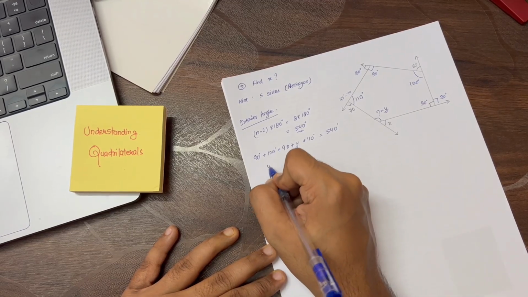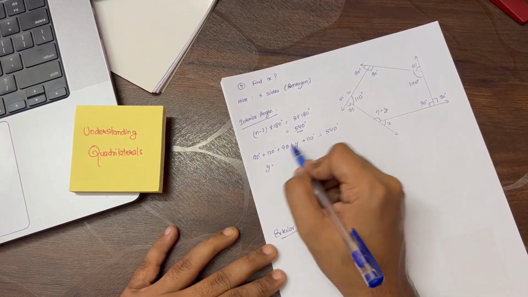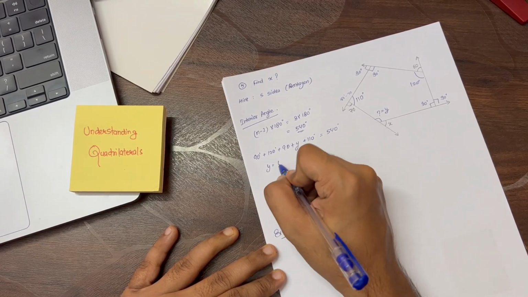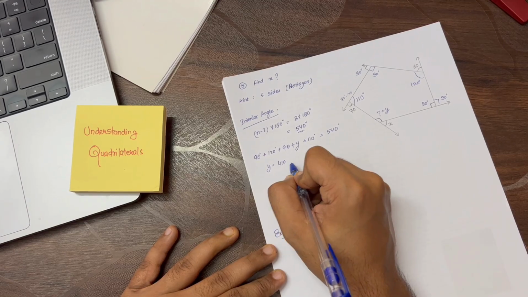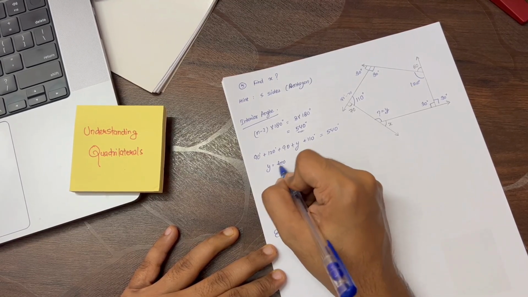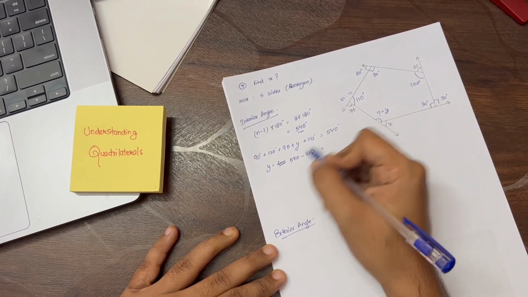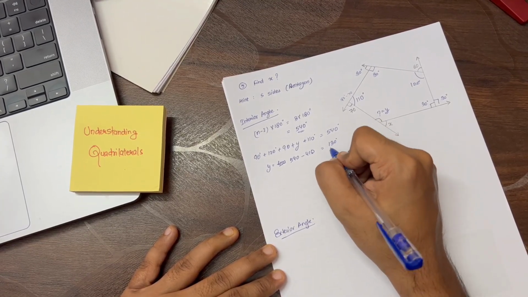Now you can find y. Let's calculate this: 90 plus 120 is 210, 320, and 90 more is 410. So 540 minus 410 will be equal to 130 degrees.